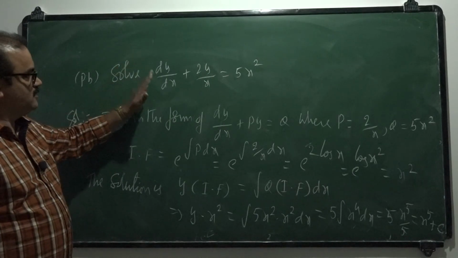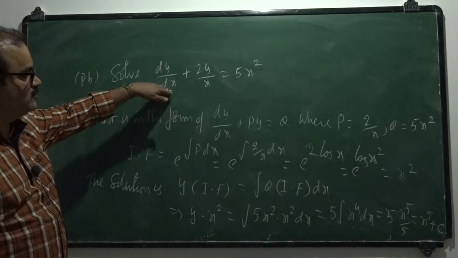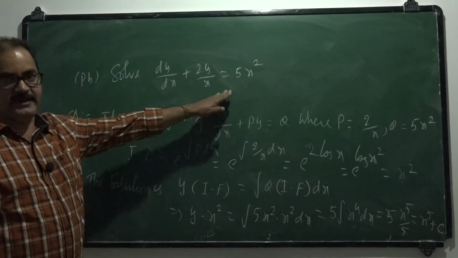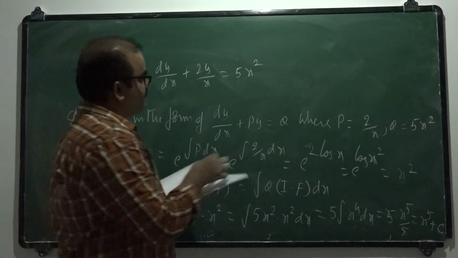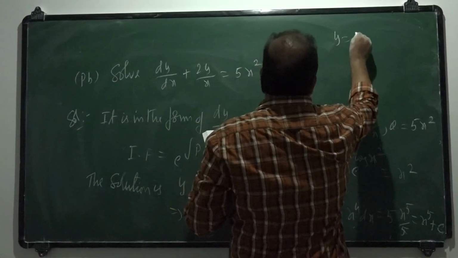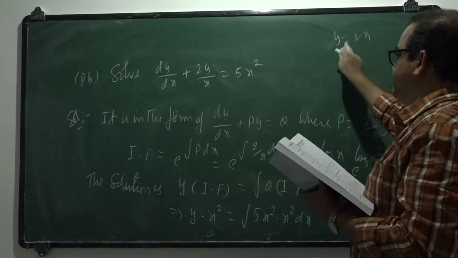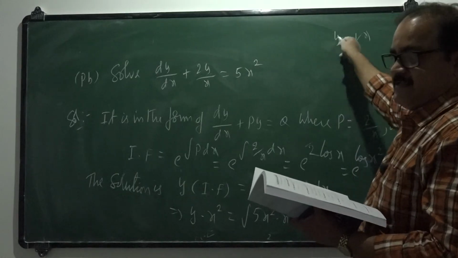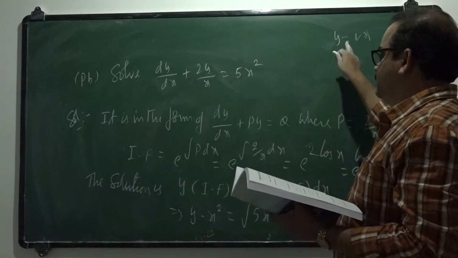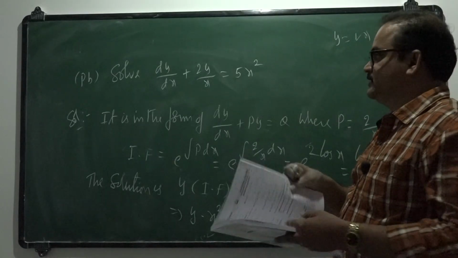If the differential equation is in the form of dy by dx is equal to a function in y by x or function in x by y, by using the substitution y is equal to v into x, reduce this equation into variables separable method, and on integrating we get the solution.